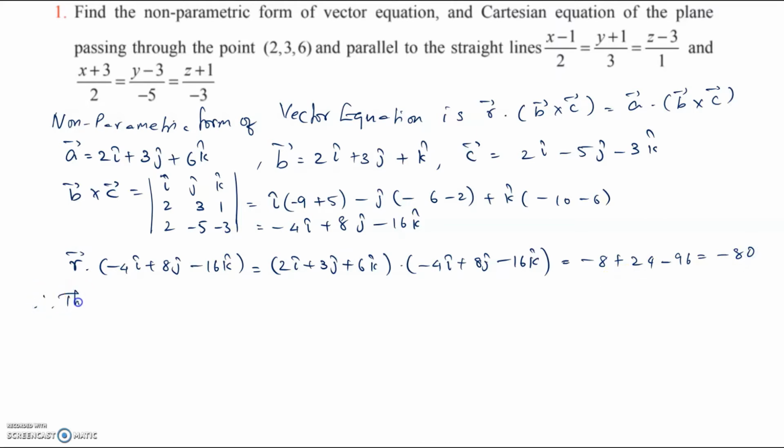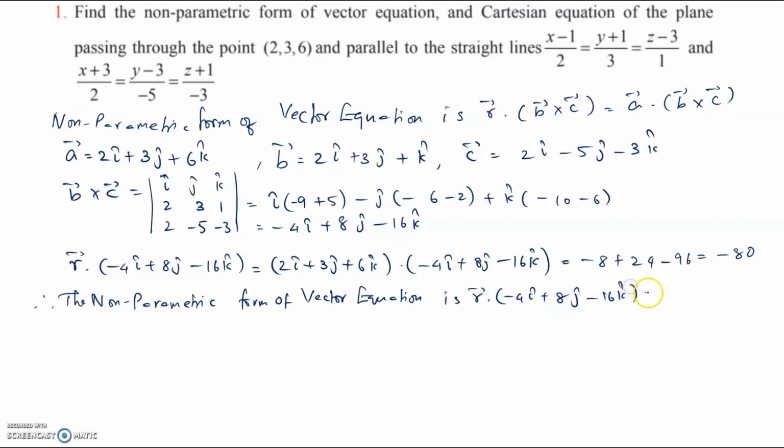Therefore, the non-parametric form of vector equation is r vector dot (minus 4i cap plus 8j cap minus 16k cap) is equal to minus 80.